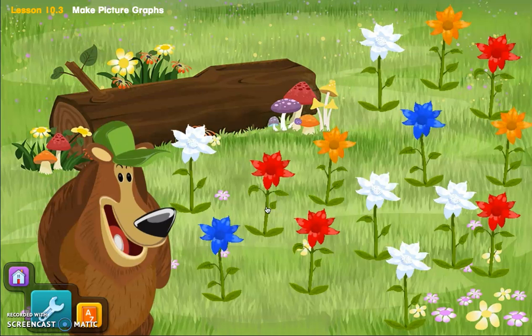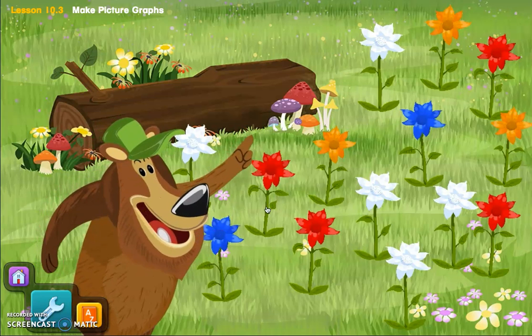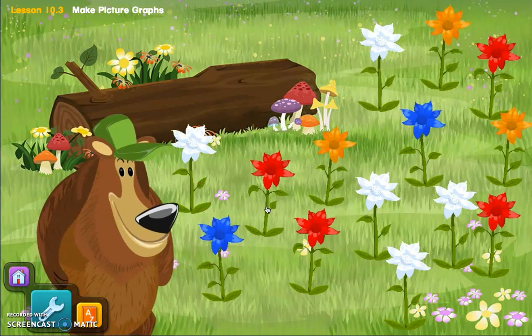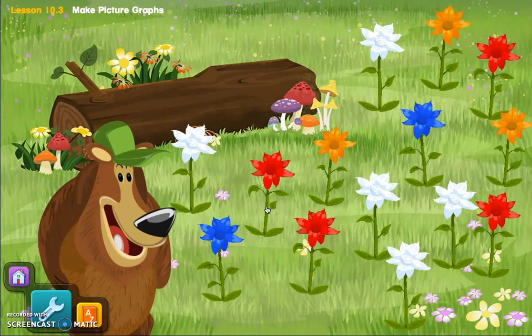Hi, friends! Some of the kids saw this group of tall flowers growing in front of the log. They decided to find out how many flowers there are of each color. They listed the colors of the flowers in a tally chart and recorded the number of flowers of each color.